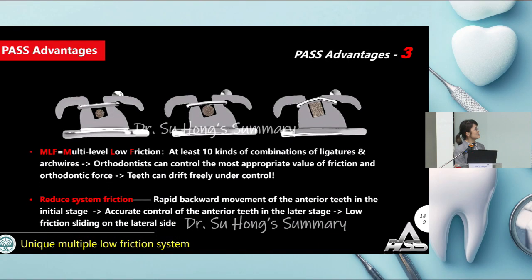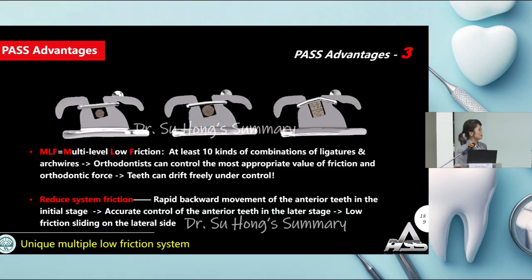And the third advantage is the MLF brackets. At least 10 kinds of combinations of brackets and arch wires let us control the most appropriate value of friction and orthodontic force. Then we can drift the teeth freely under control. So we reduce the system friction.